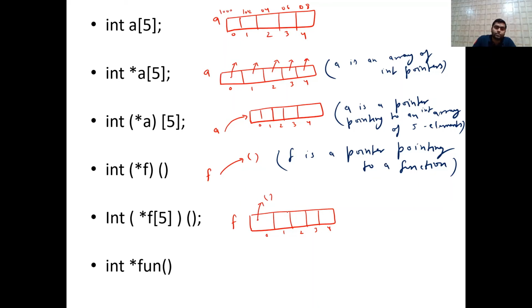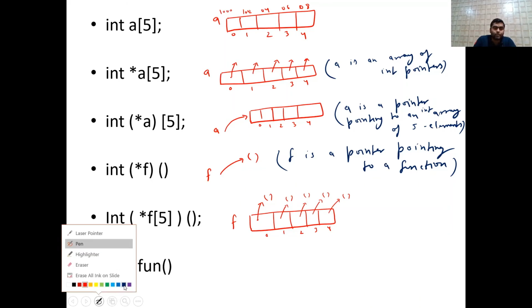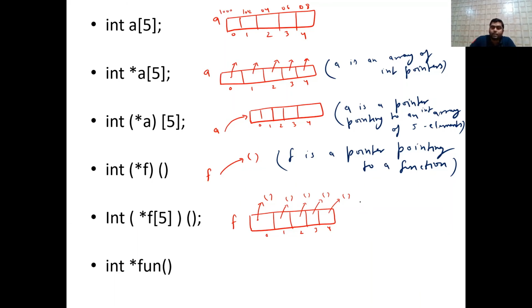This one will point to a function, this will also point to a function, and so on for all five. So I am writing that f is an array of pointers pointing to functions.